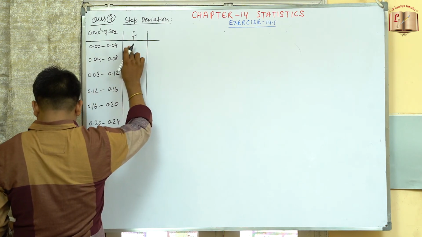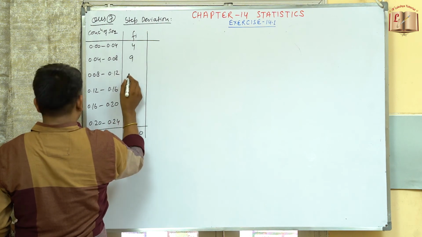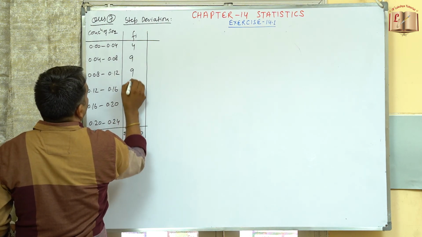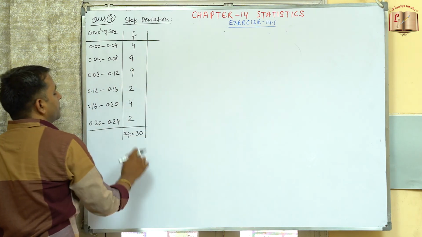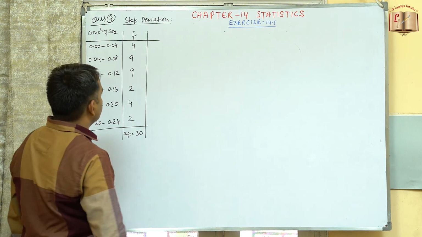We will write the frequencies. So this is 4 for the first, this is 9, then again 9, then this is 2, then 4, then 2, and sum of this is already given to us, 30.